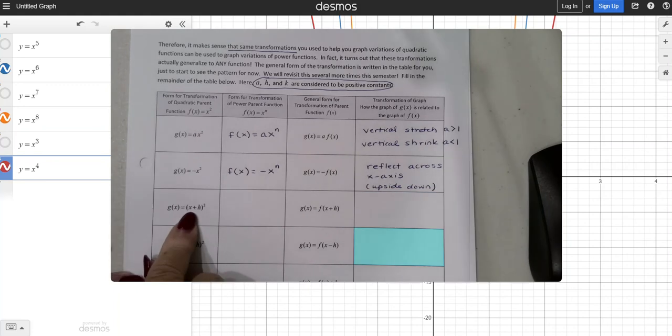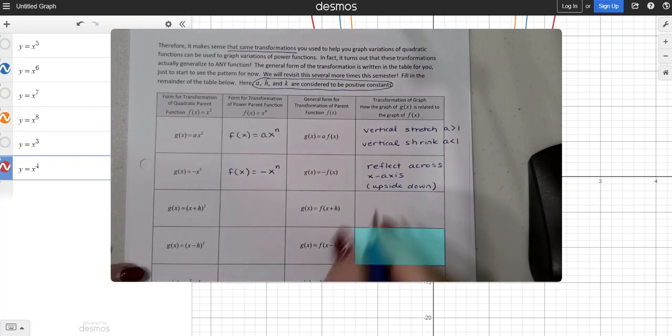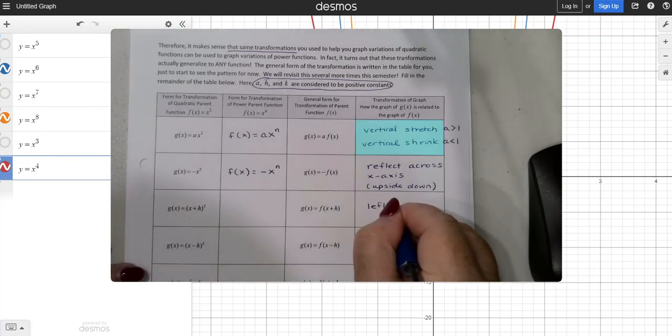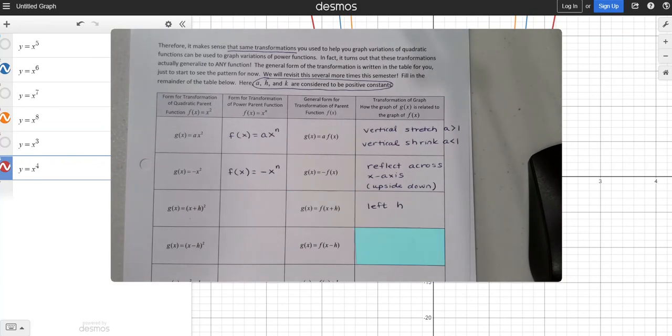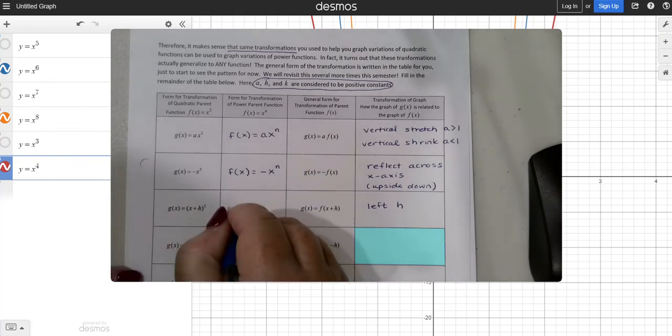All right, what happened when we had x plus h squared? We're adding something to x before we square it. Remember how that graph moved to the left by h units? That's not just true for parabolas. It's also true for any power function.